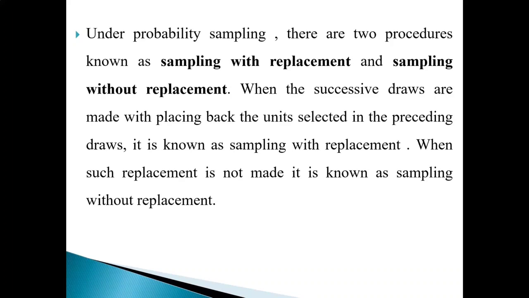It is put aside, then another unit is drawn. This way the population becomes smaller. But in sampling with replacement, the population never reduces. It remains the same size. When successive draws are made by placing back the units selected in the preceding draws, it is known as sampling with replacement. When such replacement is not made, it is known as sampling without replacement.